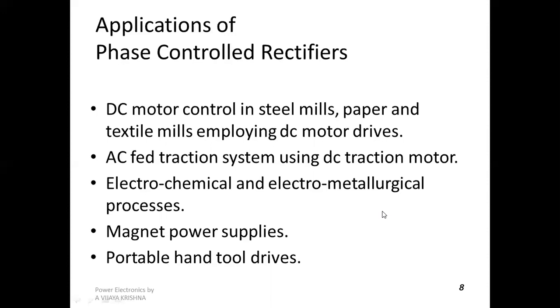Now, a small device can be used to convert power from AC to DC with high voltage and current ratings.